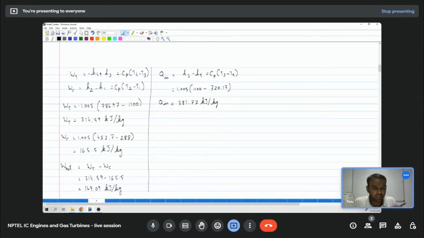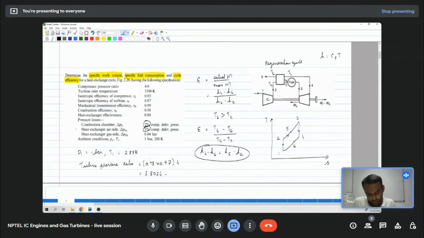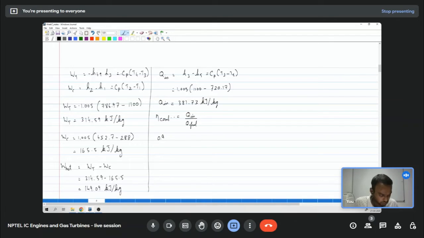This is the heat that is added, but there is something called combustion efficiency, which is given. That is Q in by Q fuel, and combustion efficiency is given as 98%. So 0.98 is equal to 381.73 by Q fuel. So Q fuel can be calculated as 381.73 divided by 0.98.